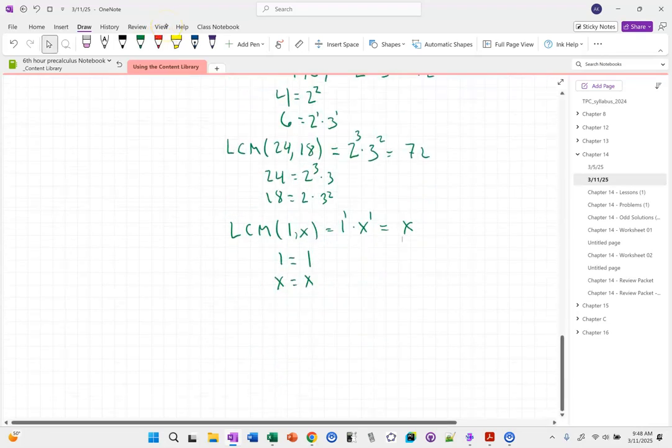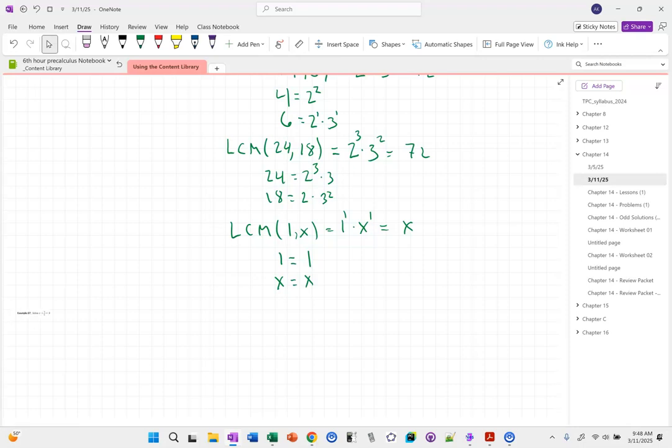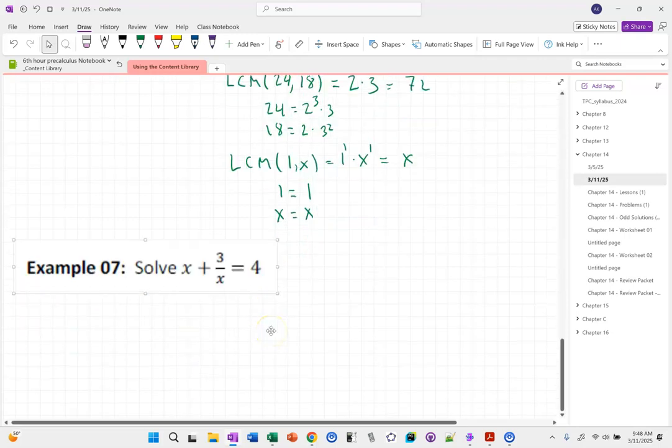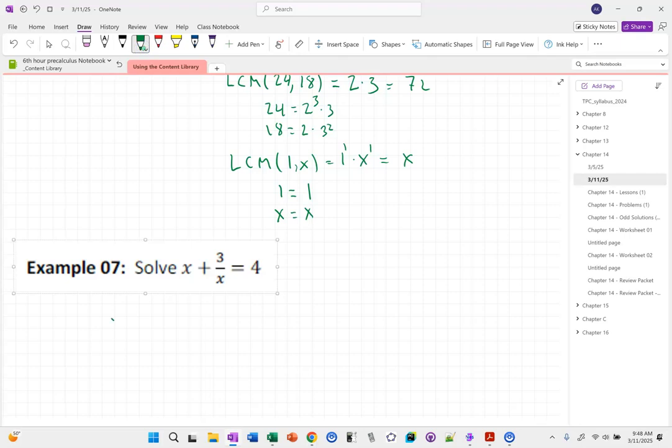So if we go back to our example then, we'll multiply both sides of the equation by x. So when I distribute the x through, x times x is x squared.